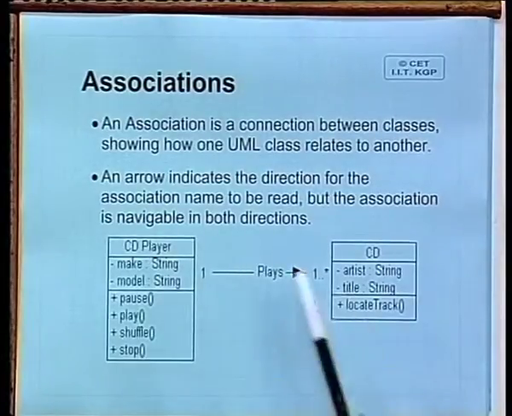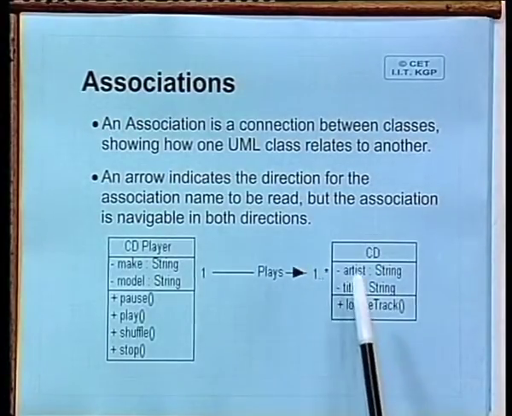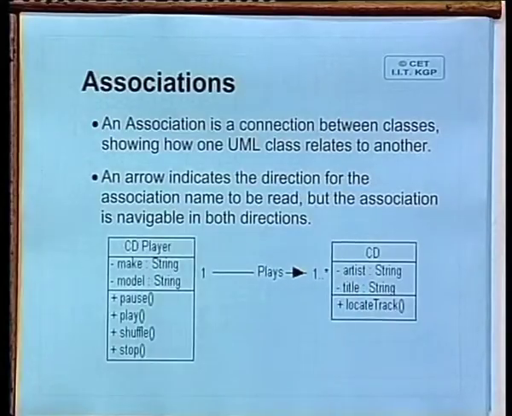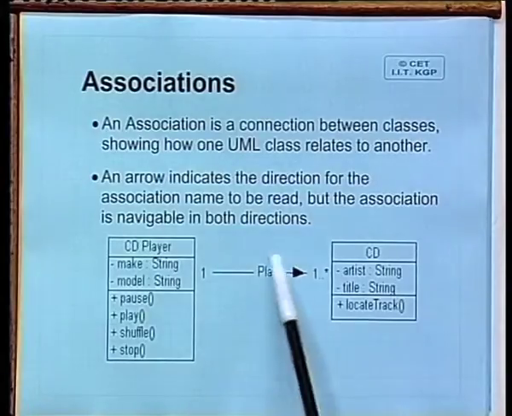And the arrow has no specific meaning. This arrow is not the 1:1 I told you about in the entity relationship diagram, where we draw an arrow on the one side. It is not that way. These arrows simply mean how the name is to be read.